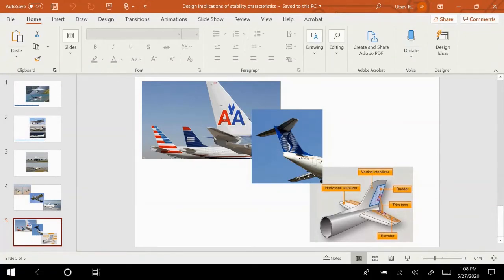But in the middle figure, the horizontal fin is attached to the top of the vertical fin. So why would that be the case? Why in some aircraft are these horizontal fins attached to the fuselage, whereas in other aircraft they are attached to the top of the vertical fin? These are the types of things that will be covered in this course.